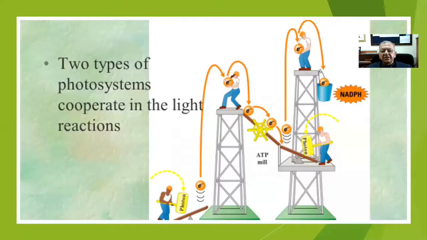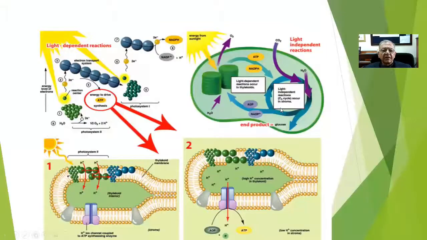This one is for kids, and you can see that they have shown this seesaw, and here in photosystem 2, the electrons will escape. They will be accepted by the electron acceptor and go through this electron transport chain, which he has called ATP mills. And then in the second photosystem 1, a photon of light will again strike, and electrons will be accepted, and NADP is converted into NADPH.